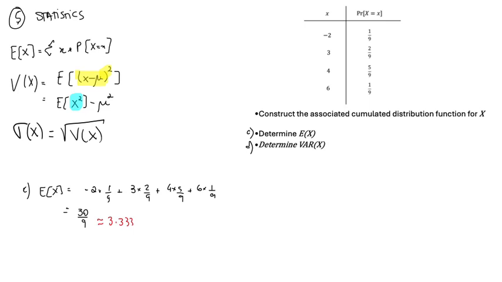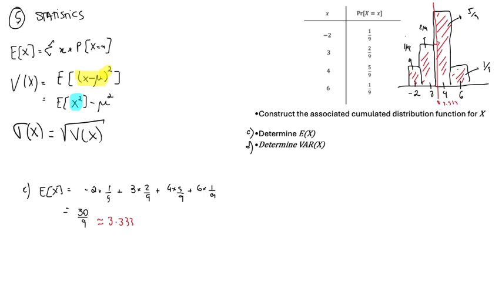So this is 30 over 9. This is the answer. Okay? Does the graph always have to be a PDF to do this one? You can be given a histogram, which I don't think it will be, but as we saw, this is good as a recap as well. We can show the PDF as a graph, right? So you can take on values minus 2, 3, 4, and 6, and you will have 1/9, 2/9, 5/9, and the other one is 1/9.